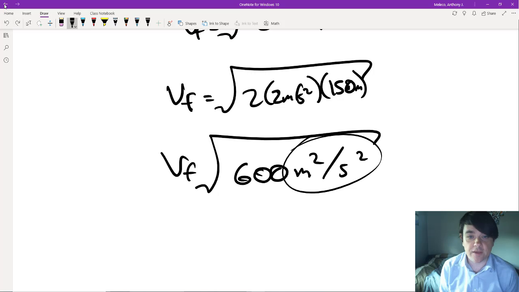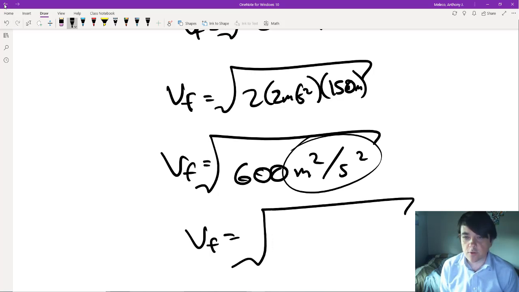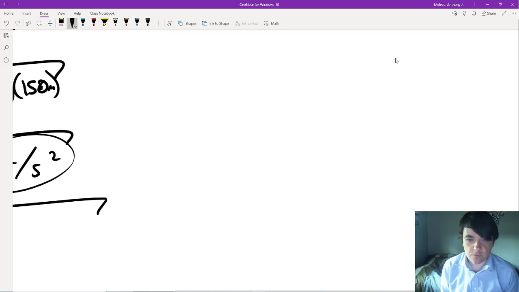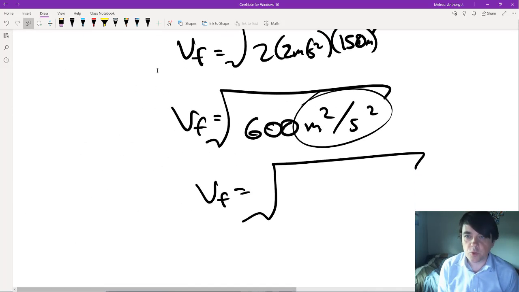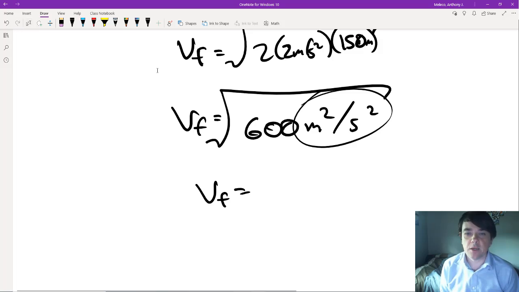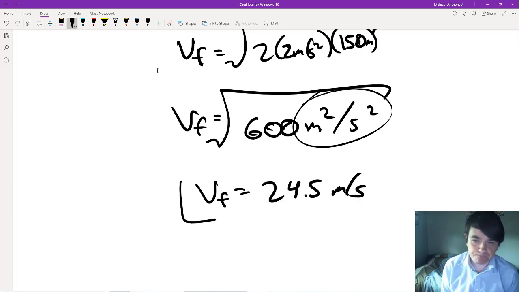So v final equals the square root of 600, which I don't know what that is without looking. You can only do so much math in your head, like I did with the 2 times 2 times 150. But this is 24.5 meters per second.